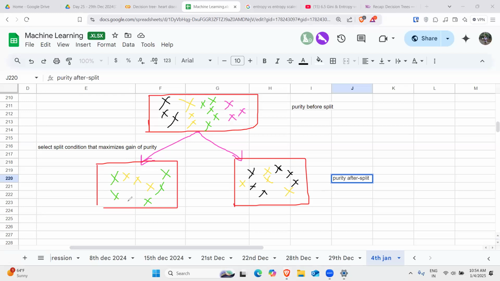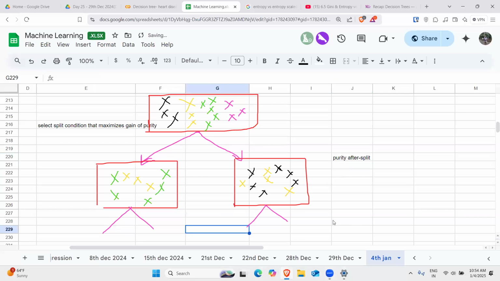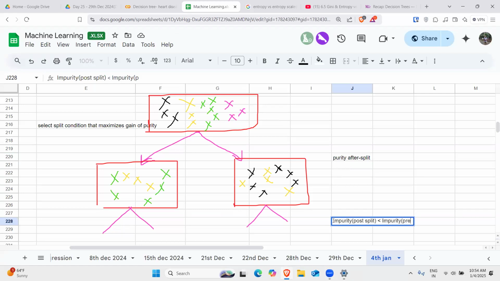And again, you do splitting, and the condition of the best split is that impurity post split should be less than impurity pre split.